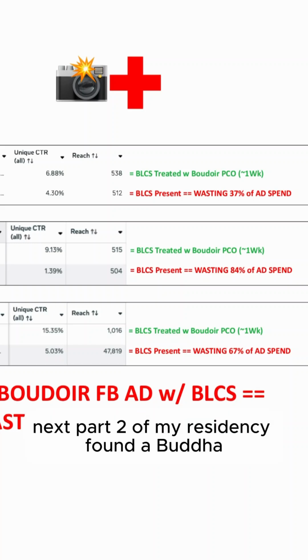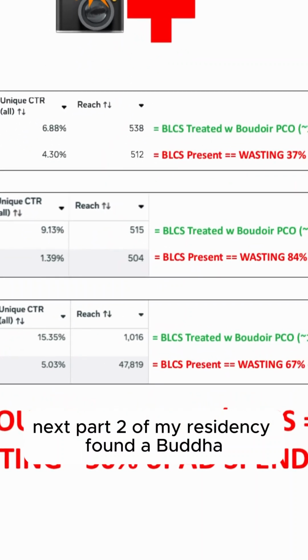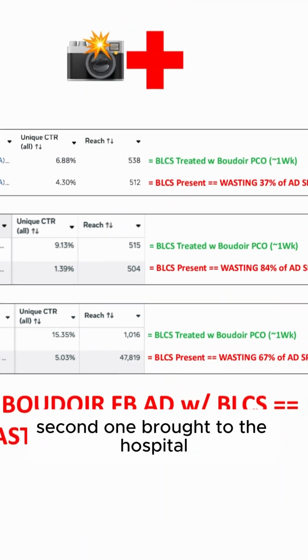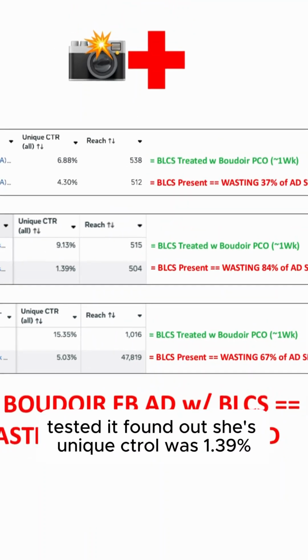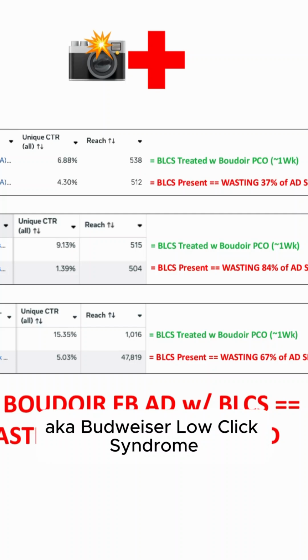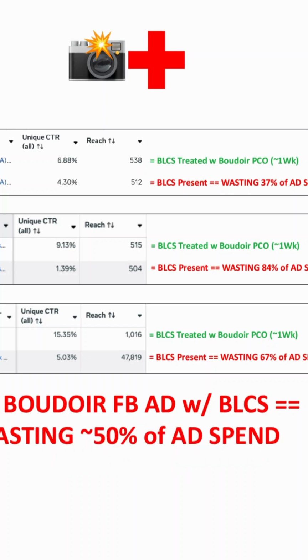Next, part 2 of my residency, I found a Boudoir Facebook ad out there. Second one, brought it to the hospital, tested it, found out its unique CTR was 1.39%. So when unique CTR is under 6%, we know that BLCS is present, aka Boudoir low click syndrome.